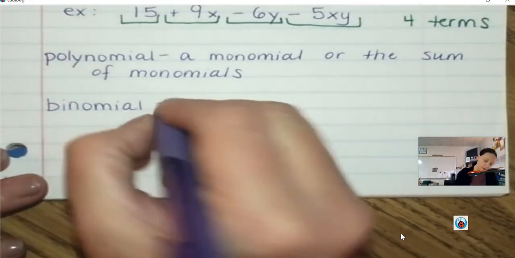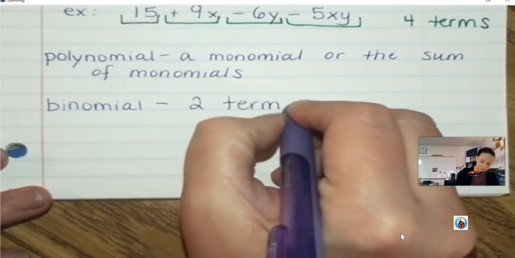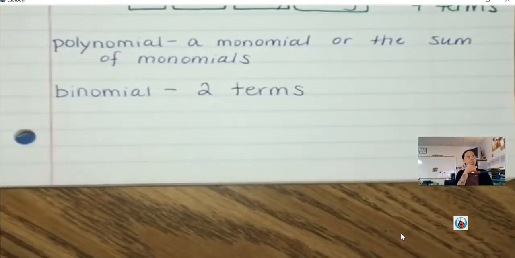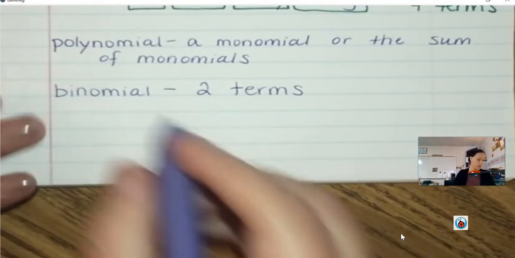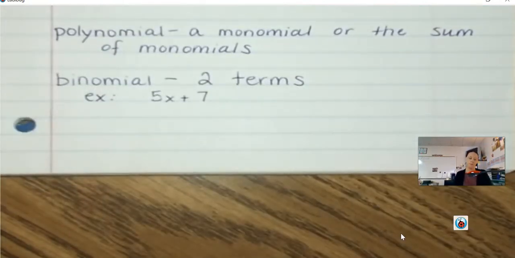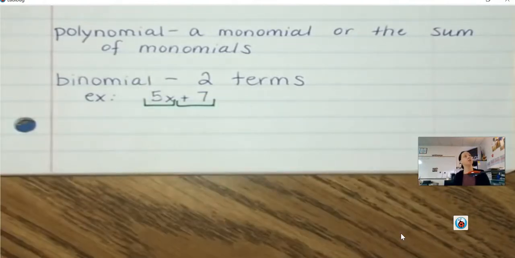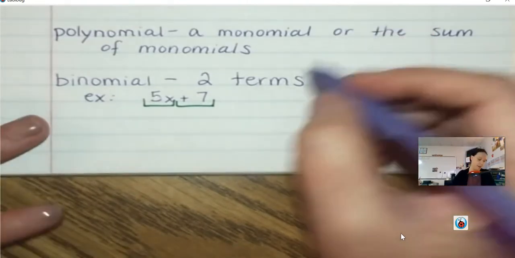A binomial has 2 terms. So for example, something like 5x plus 7. Because every time you have a plus or a minus sign, it splits up to a new term. 5x is a term, plus 7 is a term. So that has 2 terms, so it's called a binomial.